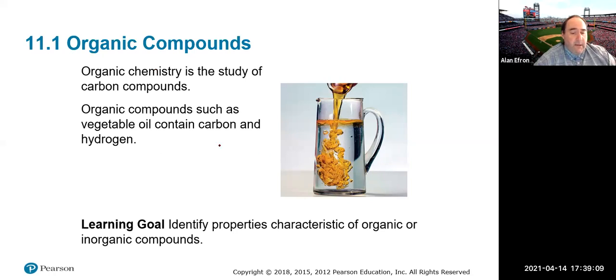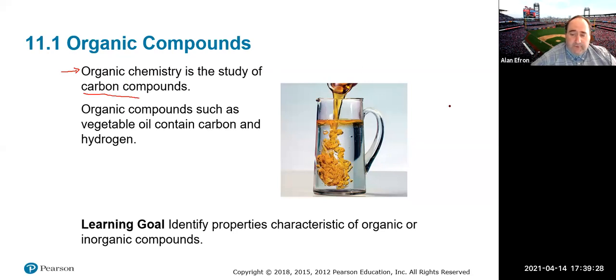Organic compounds, this is pretty much the first sentence of any organic book. It's really the study of carbon. The basis of organic chemistry is carbon-based compounds.